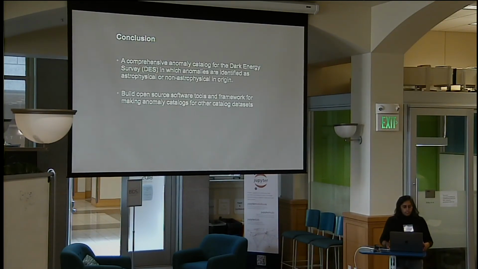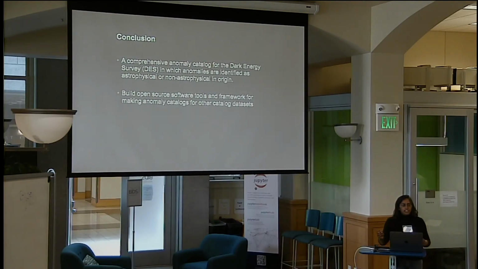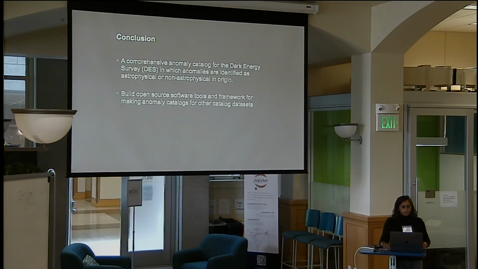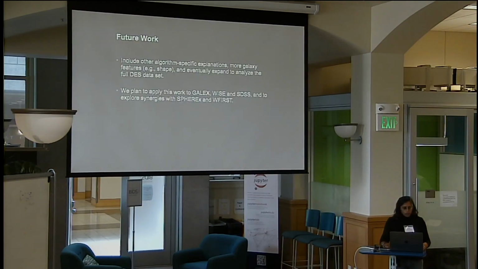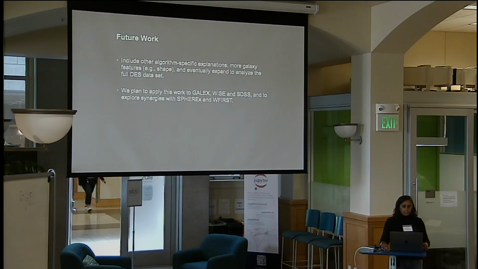So in conclusion, this type of framework can be used to build catalogs of weirdos for any particular astronomical survey. For now, we've applied it to DES data. Our goal is to also open source all the software tools in our framework so that people in the community could use it. We want to include other algorithmic specific explanations. As I mentioned, we're building something for the isolation forest.